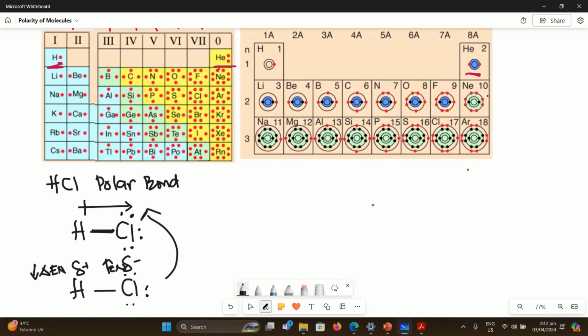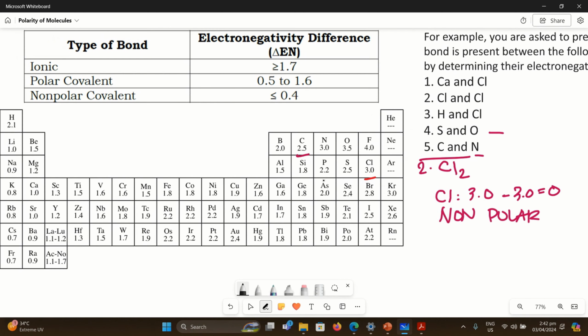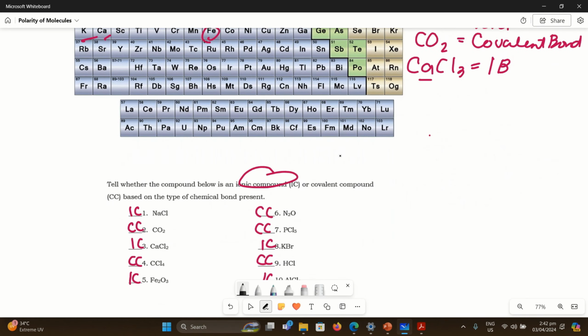Next, another example ng polar bond is yung H2O. So, we have H2O. So, H2O, we have O, which is 3.5 pala.